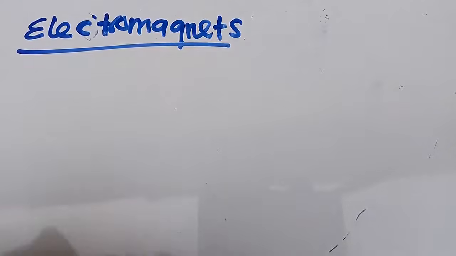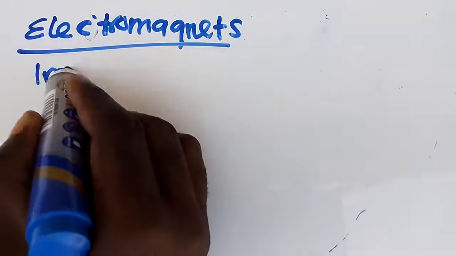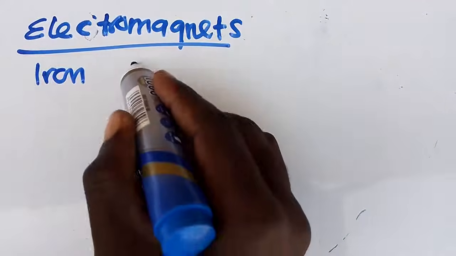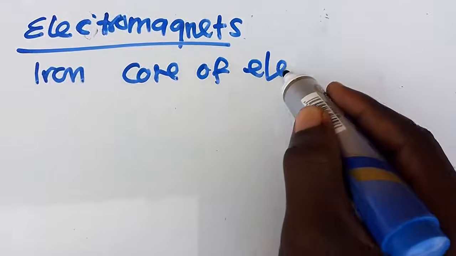Iron is commonly used as the core of electromagnets. We normally use iron in this case because it is easy to magnetize and also to demagnetize, so it is very easy to control the magnetism.